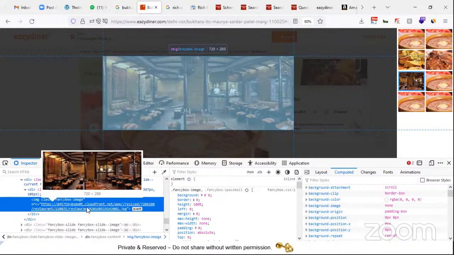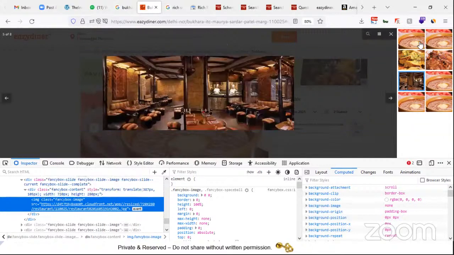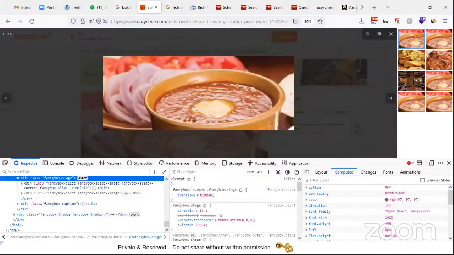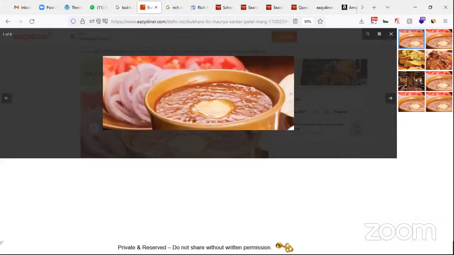If that is the name, then there is a chance of this image coming up on top on Google as well, because it is optimized. This page is talking about that restaurant, and this image is also aligned and has the same keywords.